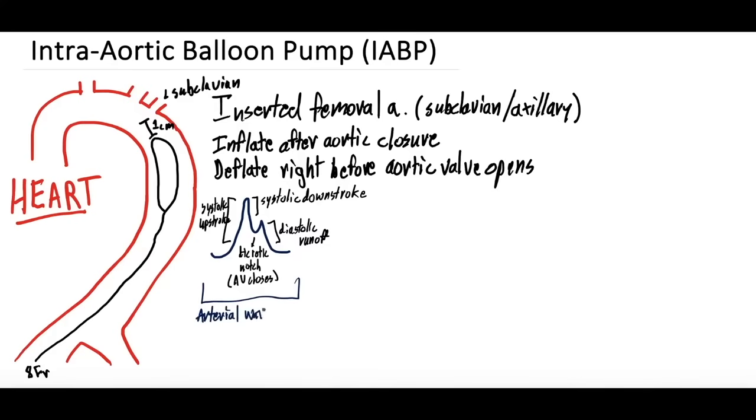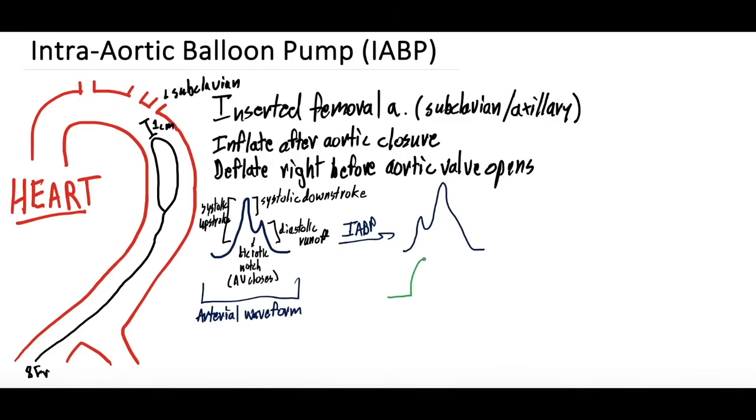So what happens when we put in an intra-aortic balloon pump, or an IABP? That tracing changes a little bit. It actually starts to look like this: the systolic upstroke, dicrotic notch, then diastole, and that comes down. That is in accordance with the waveform of the intra-aortic balloon, and we're going to go over all this, which looks like this.